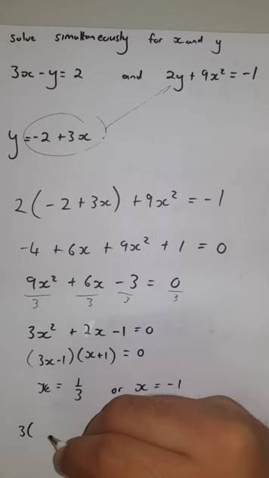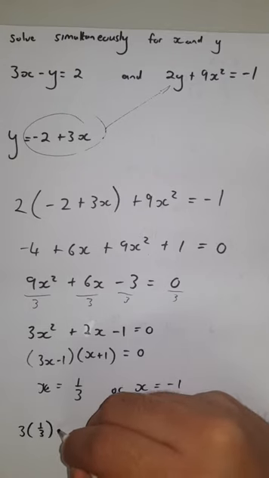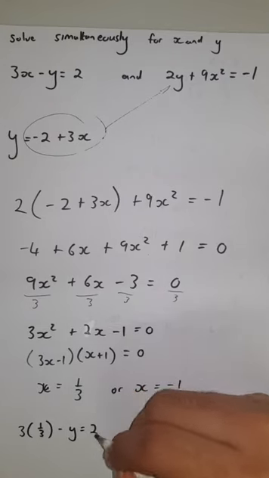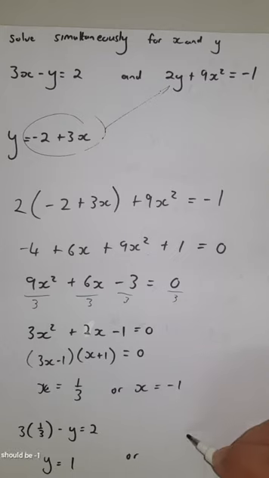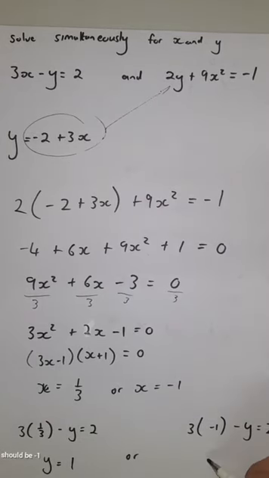It's 3 into 1 over 3 minus y equals 2. And when I solve for y, I get 1. Or 3 into minus 1 minus y equals 2, and I would get y is equal to minus 5.